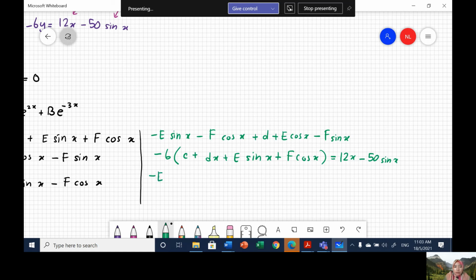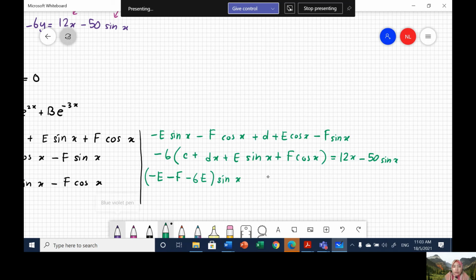We have negative e sin x, minus f sin x, and then minus 6e sin x.